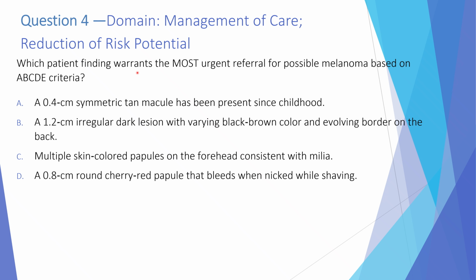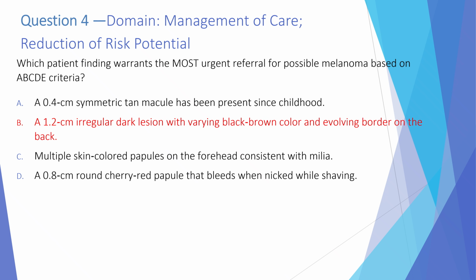A 1.2 centimeter irregular dark lesion with varying black-brown color and evolving border on the back. Multiple skin-colored papules on the forehead consistent with milia. A 0.8 centimeter round cherry red papule that bleeds when nicked while shaving. So you see they ask which is the most urgent referral for possible melanoma.